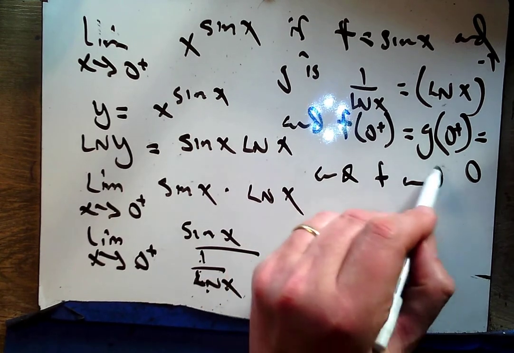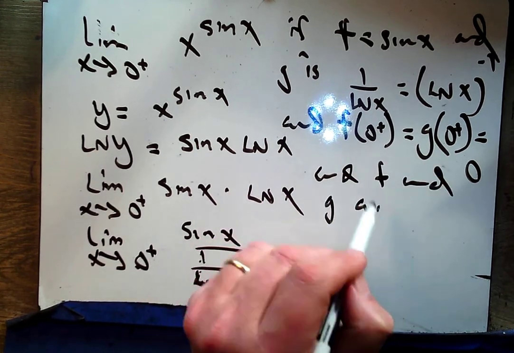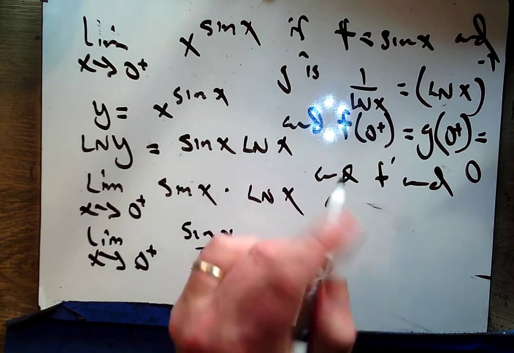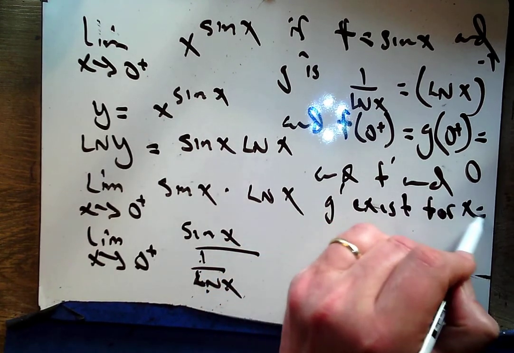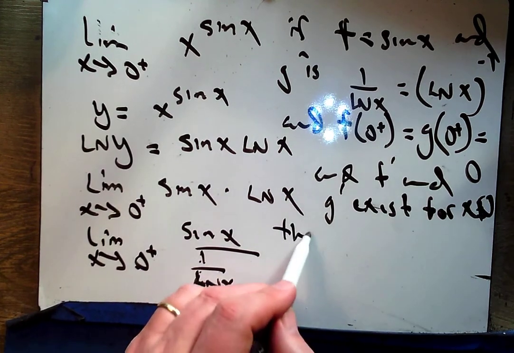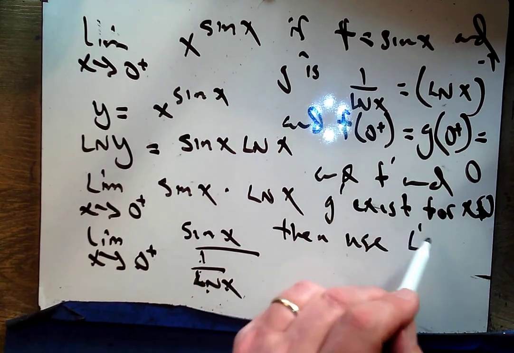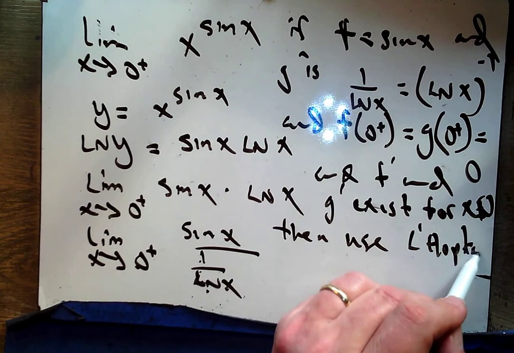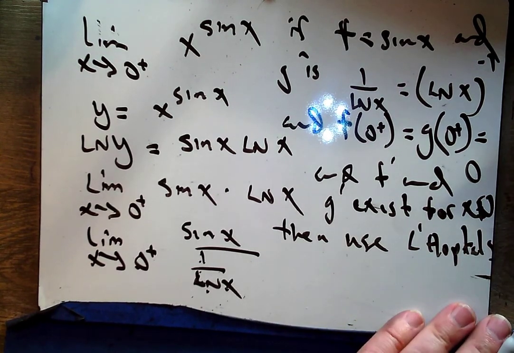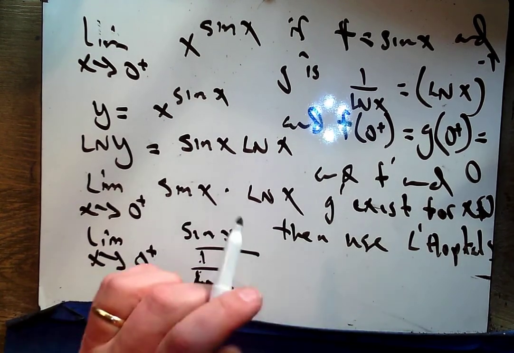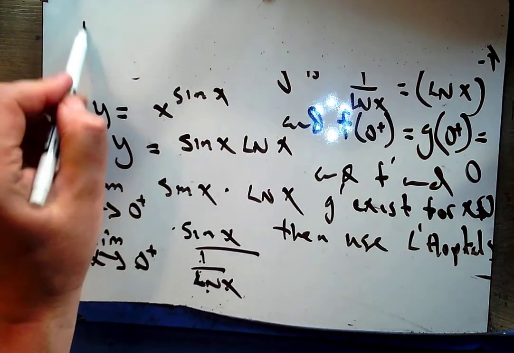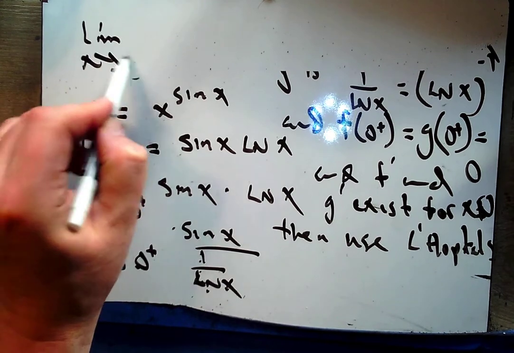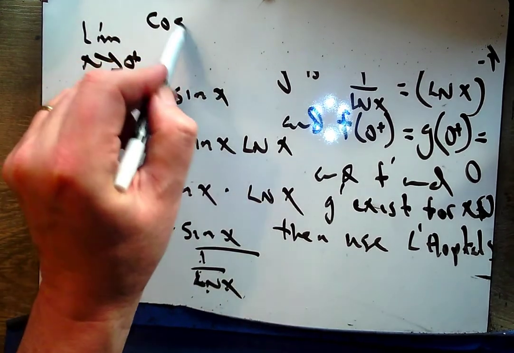And f prime and g prime exist for x not equal to 0, and use L'Hopital's. Okay, so I use L'Hopital's. I take the derivative of the top, that's easy peasy. I'm going to have the limit as x heads to 0 from the positive of cosine x.